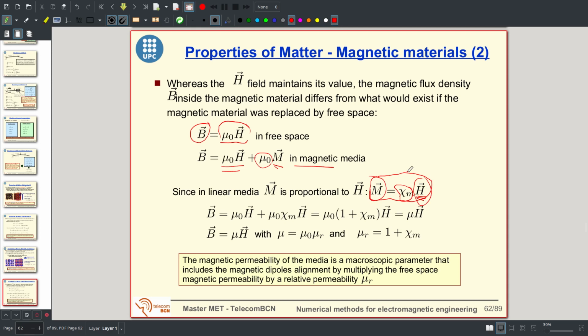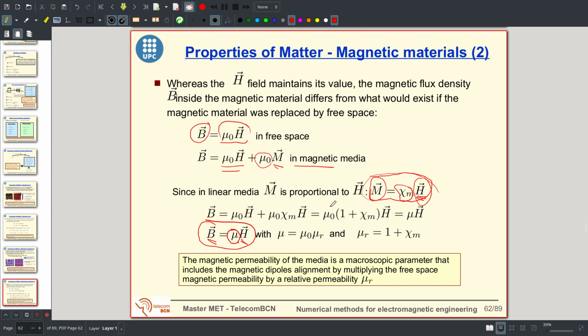So we do the same thing as we did in the dielectric case. We substitute the magnetic polarization by the linear media formula, and what we get is that the magnetic field B is equal to the magnetic auxiliary vector H times a magnetic constant mu.